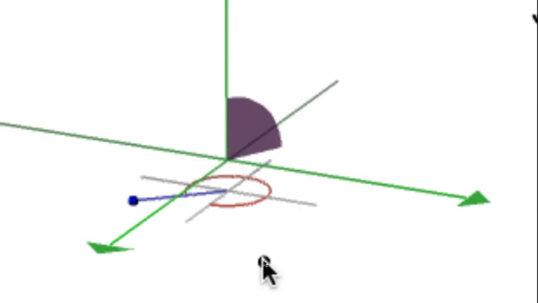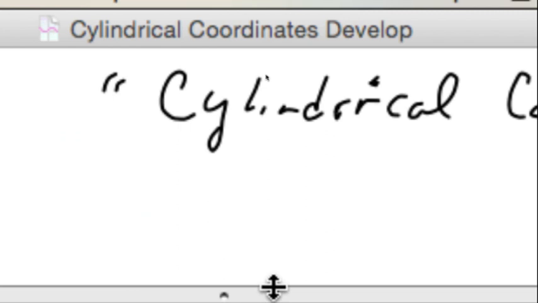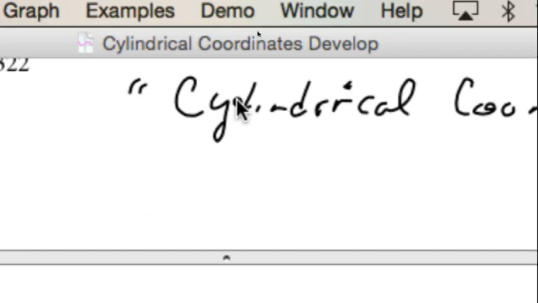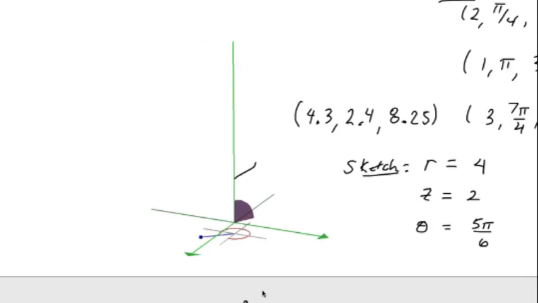So if we were to draw that, we wouldn't draw it like a circle like that.